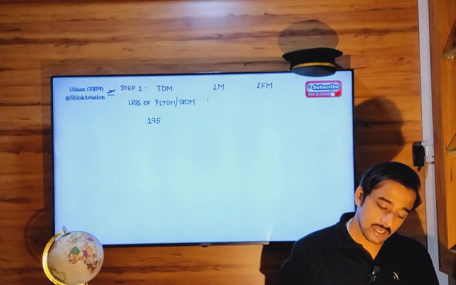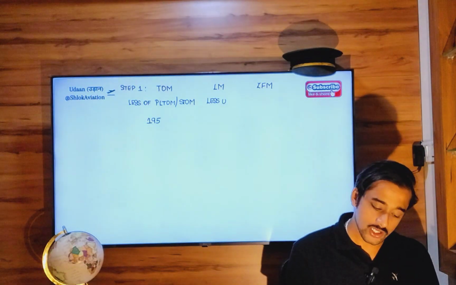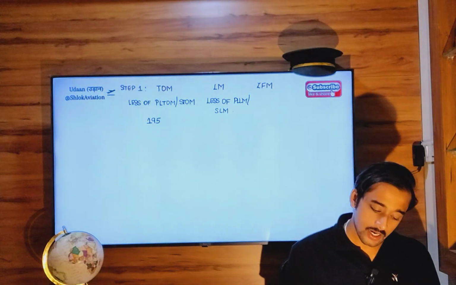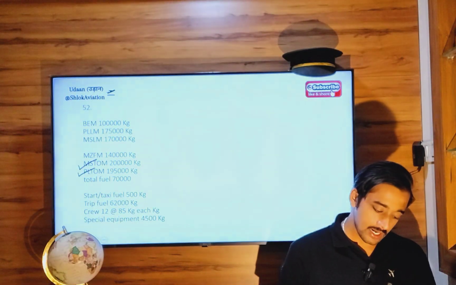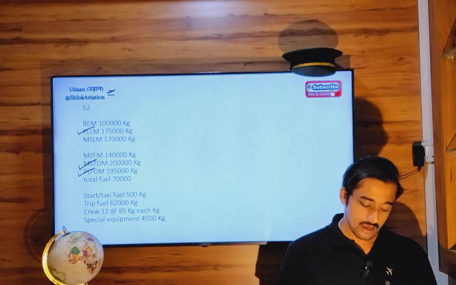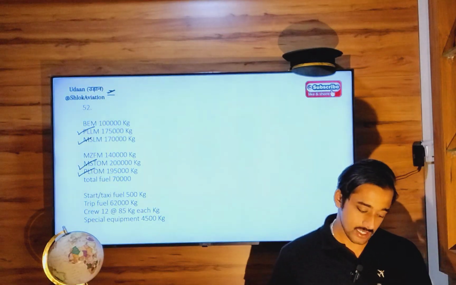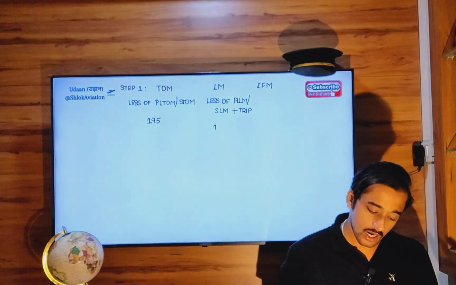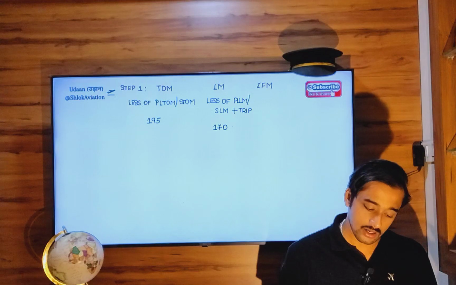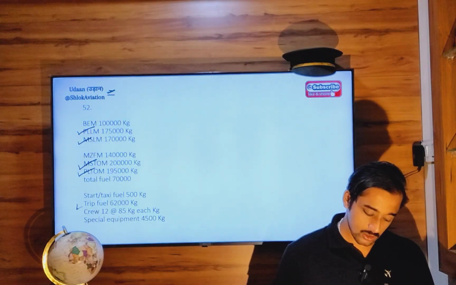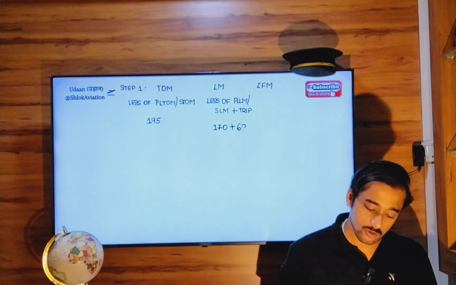Next, in the landing mass column, you are going to select a value which is less of performance limited landing mass and structural landing mass. To that, you are going to add trip fuel. So what is performance limited landing mass? 175. Structural landing mass 170. So 170 being less than 175, it becomes the choice, and the trip fuel is 62,000. So plus 62.